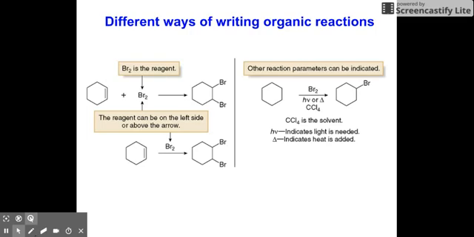For the reaction to take place, it requires a liquid solvent. Then you may put the other parameters below the arrow. These are additional factors needed for the reaction to proceed. Again, hν represents light and delta represents heat, and the substance below indicates the solvent where the reaction is taking place. So that's how it looks.